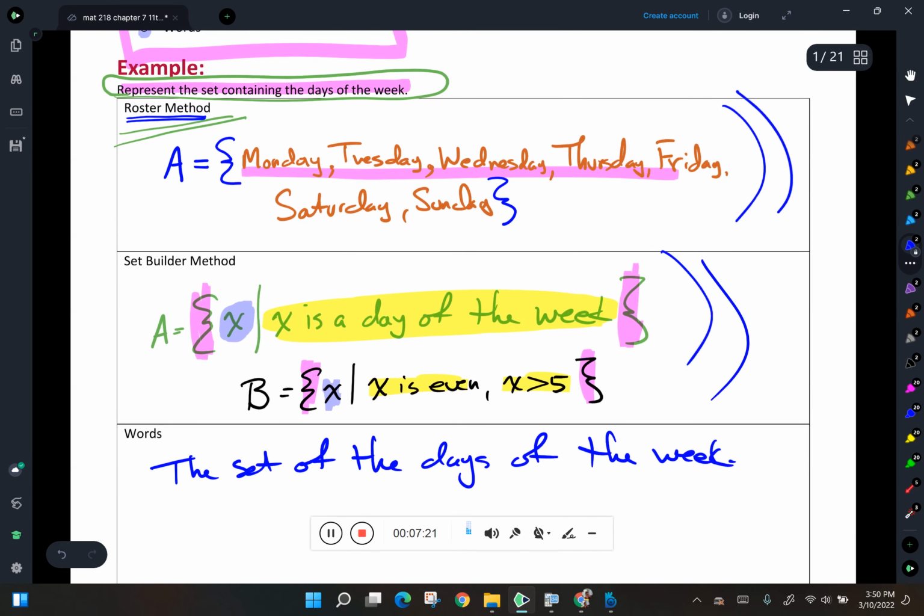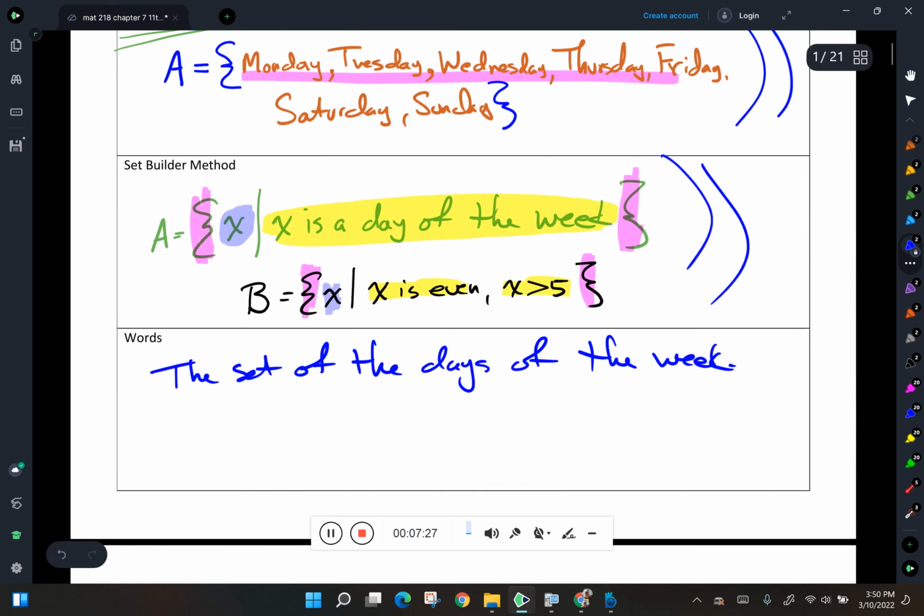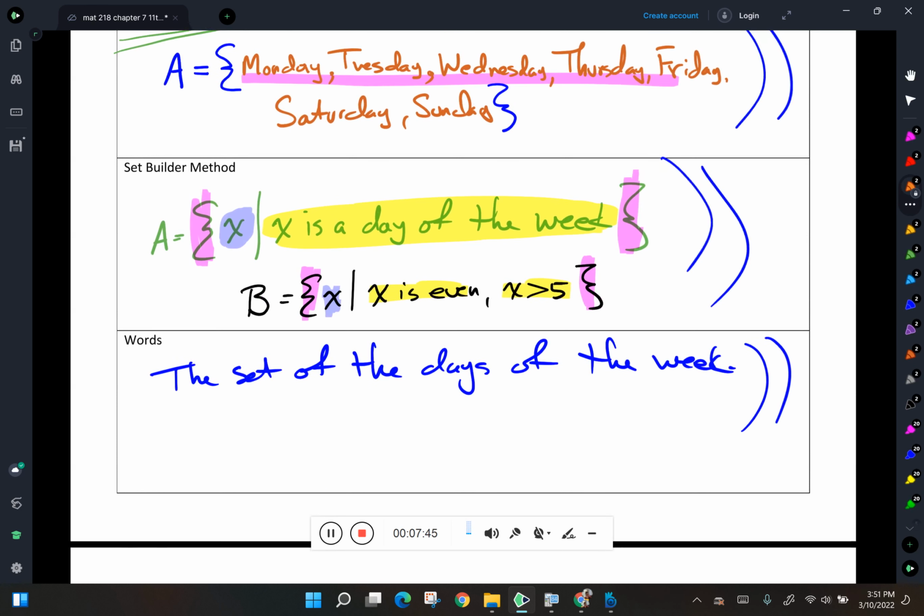Set builder notation is good and can be great depending on the reader, because some people are more comfortable reading this. Words are our weakest, because what one person thinks is clear, another person might think isn't too clear. Now, that's not to say that words aren't good, because sometimes words are the only way to describe a set. Right? Every single one of these has its limitations.